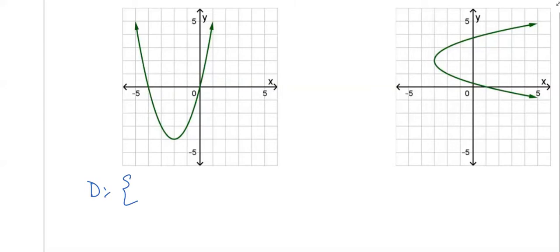Go ahead and write it if you think you know. What do you think? Pearson, do you have any ideas? What you want to think about is, is there an x that it's never going to get to? We have to remember something about parabolas.